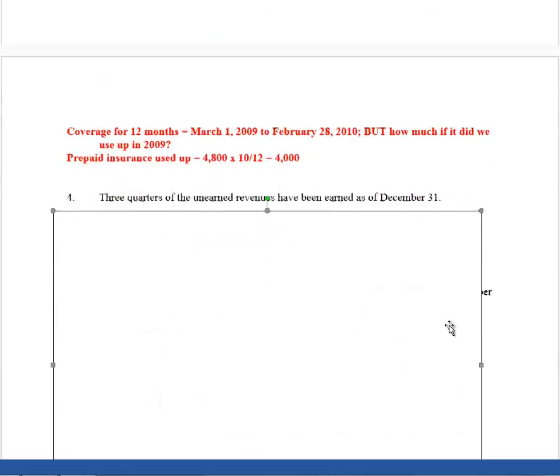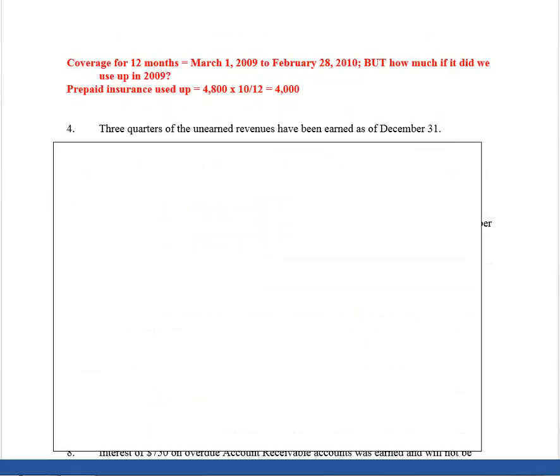Well, down here, they tell me that at December the 31st, 3/4 of the unearned revenue that I have on my unadjusted trial balance was earned during 2009. So as at the end of December 31st, 2009, 3/4 of what I show on my unadjusted trial balance was earned.